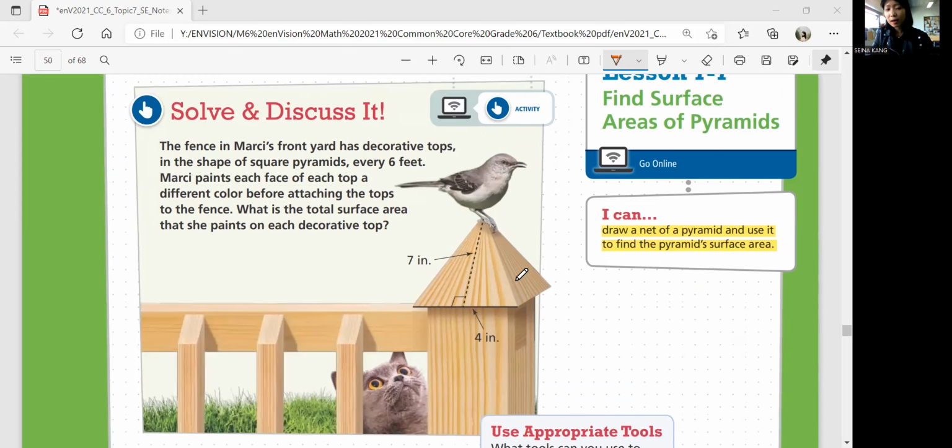Let's try to figure out if we could draw a net for this. So you have a base over here, right? But we just want the decorative top, like over here. We're not going to count the base.